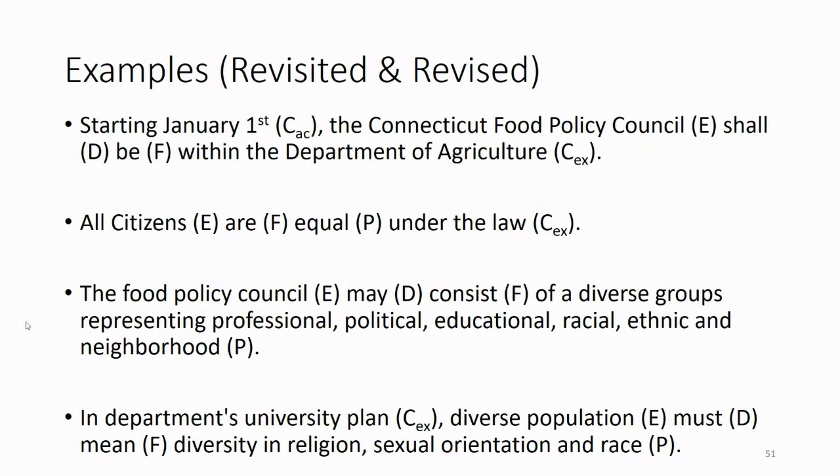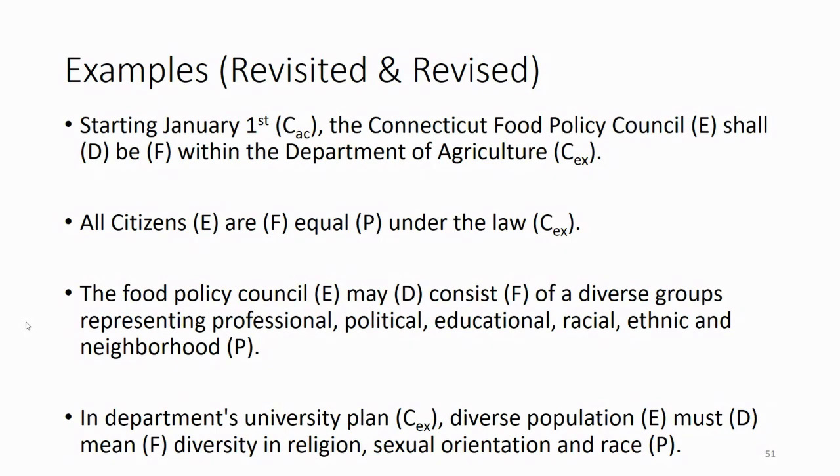We have certain statements. The first one, for example, suggests that from the 1st of January onwards, the Connecticut Food Policy Council shall be within the Department of Agriculture, so establishing a relationship to the Department of Agriculture. The second statement makes reference to citizens and their rights: citizens are equal under the law.